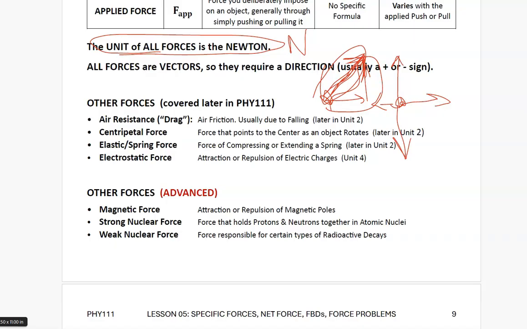The strong nuclear force is the force that's responsible for holding protons and neutrons together in the atomic nucleus. And the weak nuclear force is actually responsible for certain types of radioactivity, radioactive decays that convert protons to neutrons or neutrons to protons, either in the nucleus or outside of the nucleus.